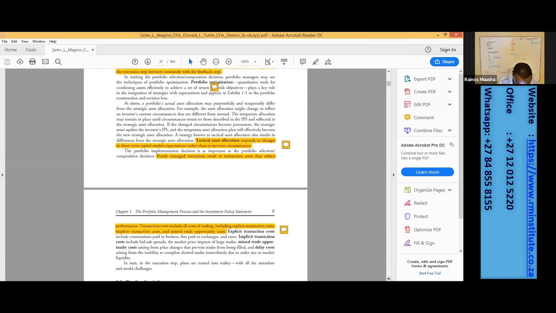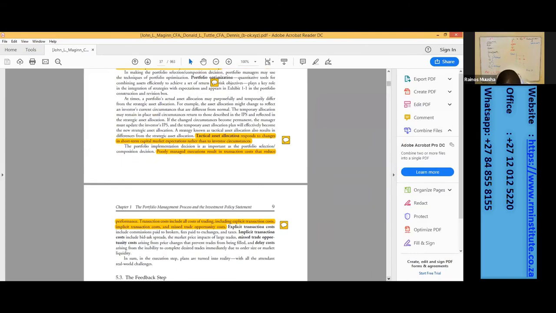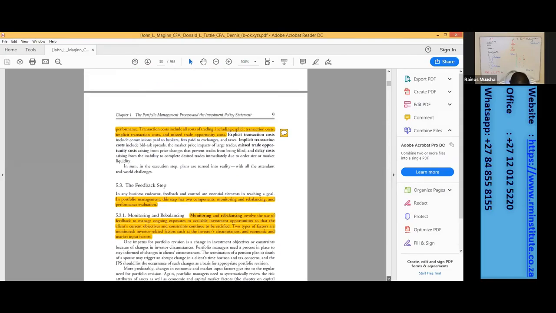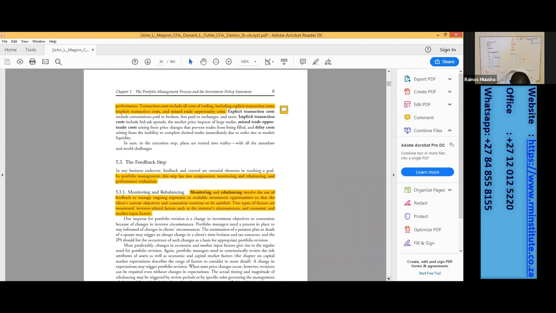So looking at this, on the next paragraph, line number 2, they say, poorly managed executions result in transaction costs that reduce performance. So transaction costs include all costs of trading, including explicit transaction costs, implicit transaction costs, and missed trade opportunity costs as well.